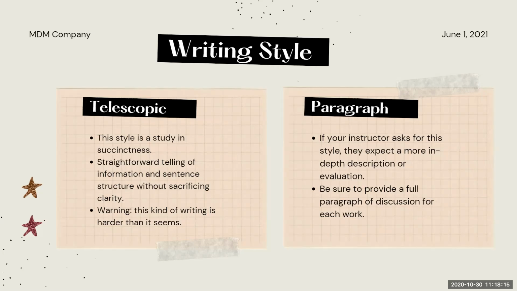While this may seem easy, this type of writing style is actually harder than it seems because you're being really straightforward while also being very specific. So you're not being general, you're providing specific information as to what the source was about without getting into flowery language or getting off topic.